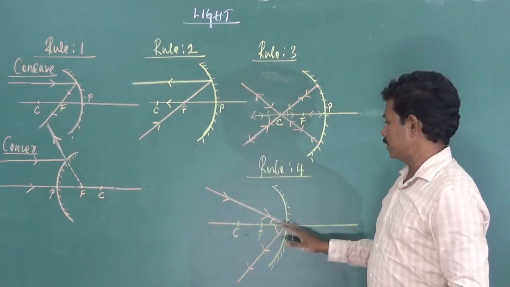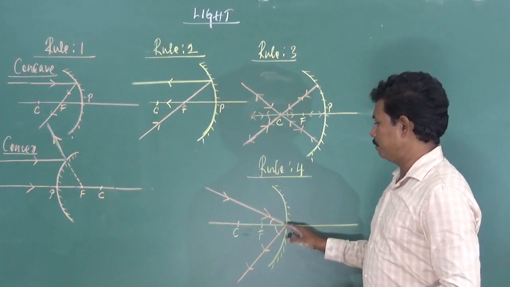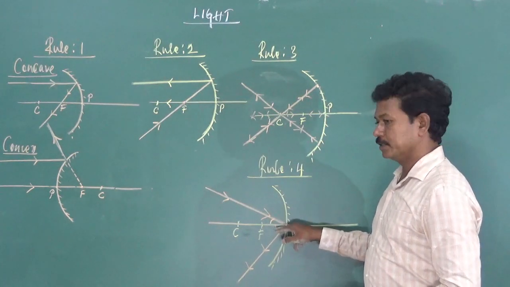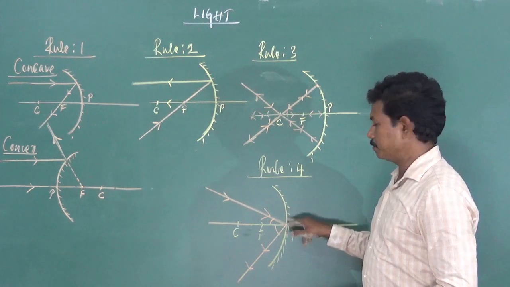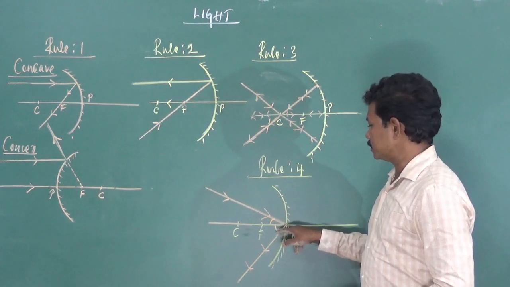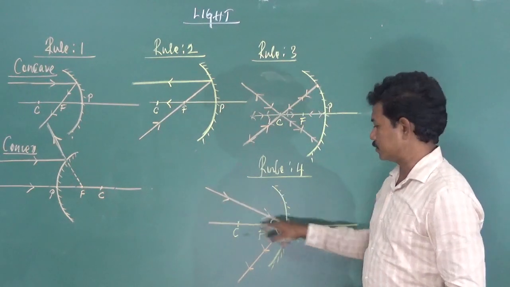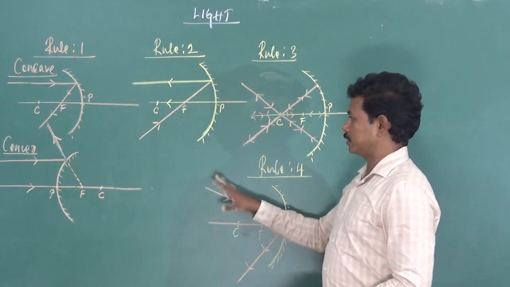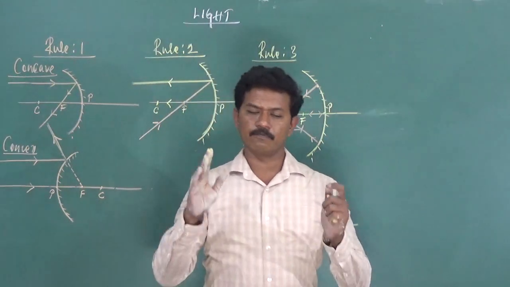That's very important. And the fourth rule is if a light ray is traveling obliquely to the principal axis, then after reflection at the pole of the mirror, it makes an angle which is equal to the angle between the principal axis and the incident light ray. So that means this angle will be equal to this. So these are the four rules. I hope this is a very important class.